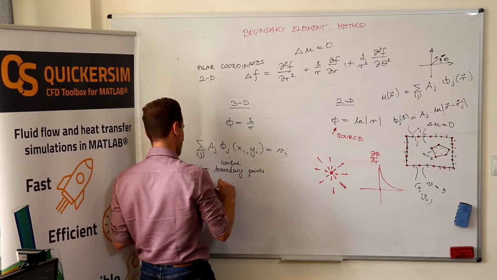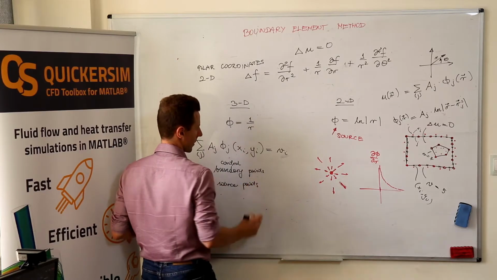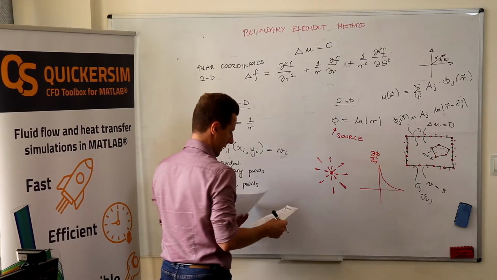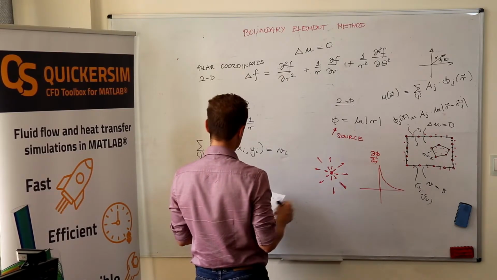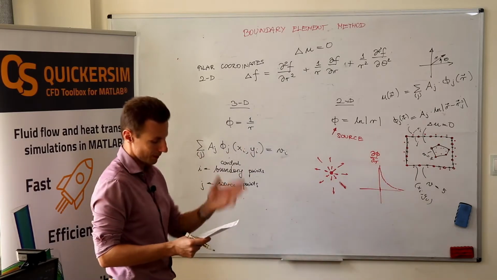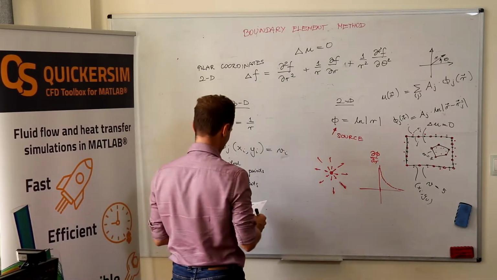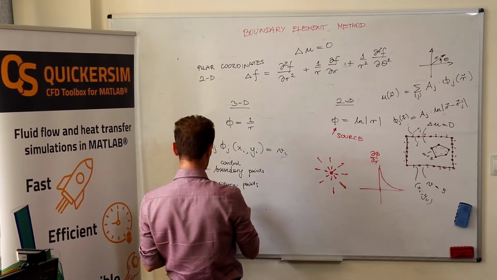J is associated with source points. As we have said, I have a question. Should we integrate it over each boundary element? That's a very good question. First, let me write it this way.